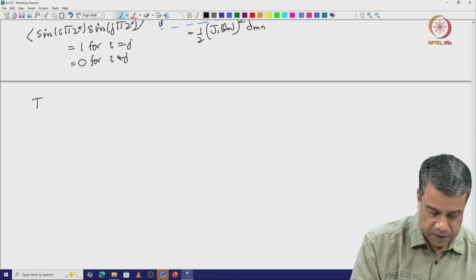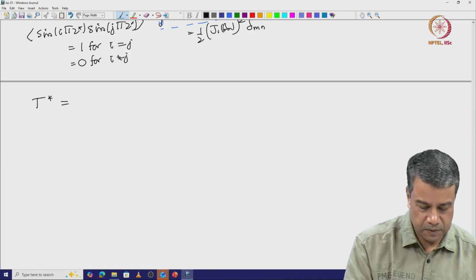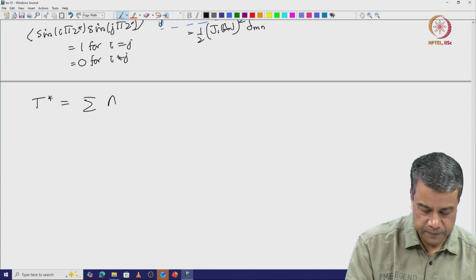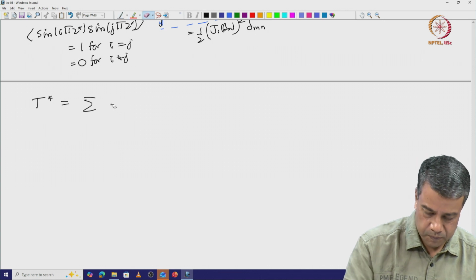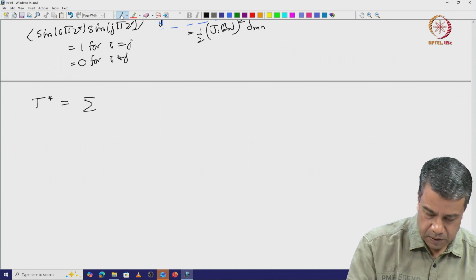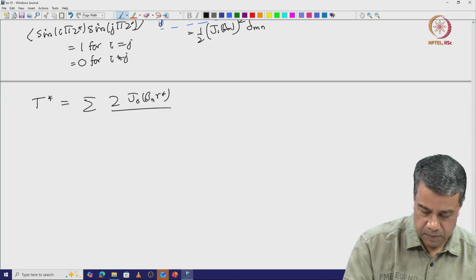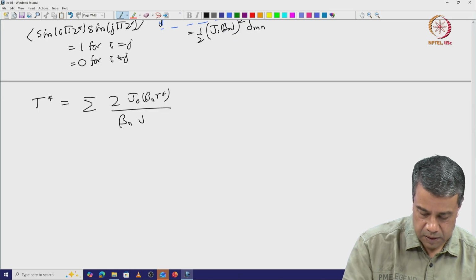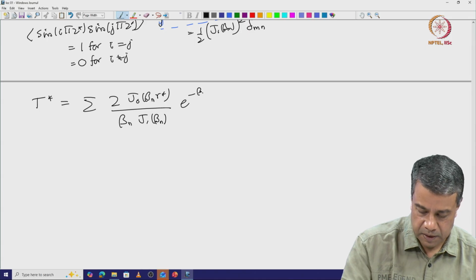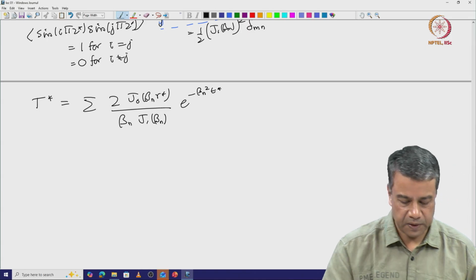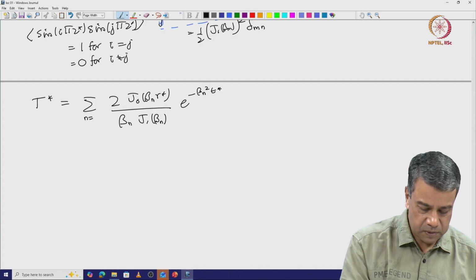T star is equal to summation of 2 j naught of beta n r star by beta n j1 of beta n, e power minus beta n square t star, n is equal to 1 to infinity.